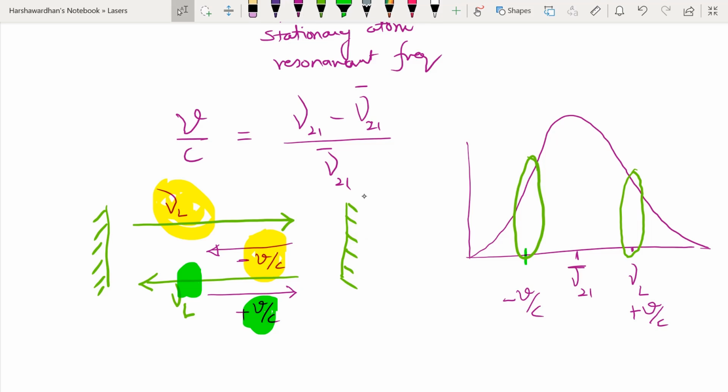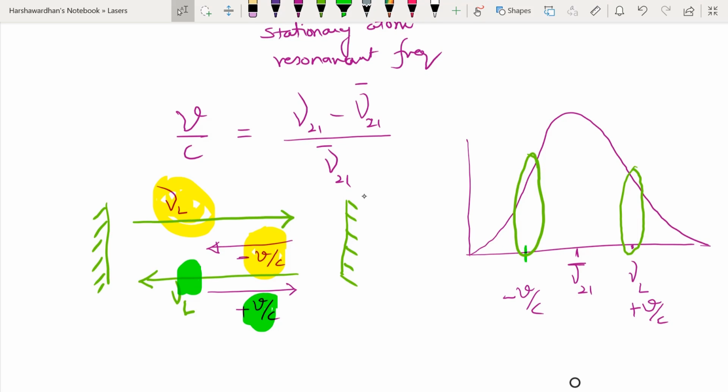So what you would see is the following: because of the symmetric existence of these collections of atoms, the gain curve is actually saturated symmetrically about the central frequency. So this I am saying is the effect of saturation in Doppler broadened media, because you have an equivalent collection of atoms going in the other direction.